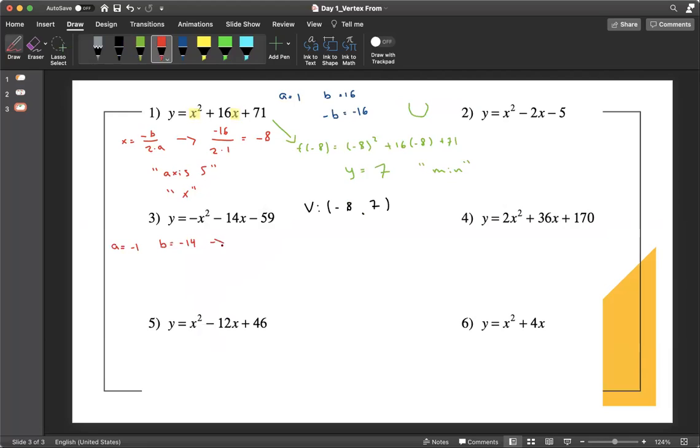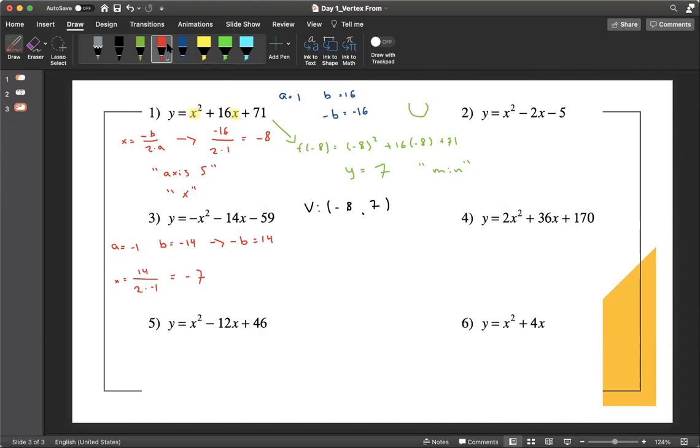So this becomes negative b is equal to a 14. So we use our formula. x is equal to negative b, 14, divided by 2 times a. Our a value here is a negative 1. So simplifying, we get a negative 7.